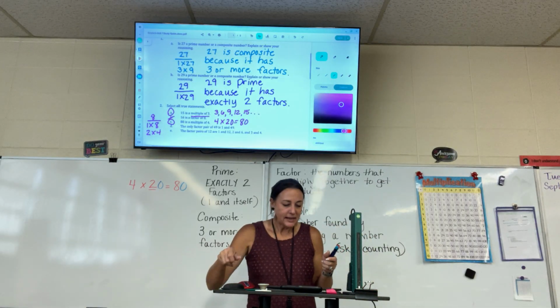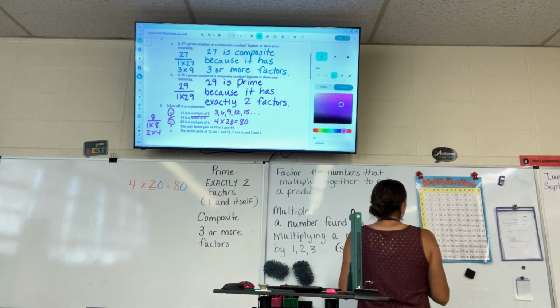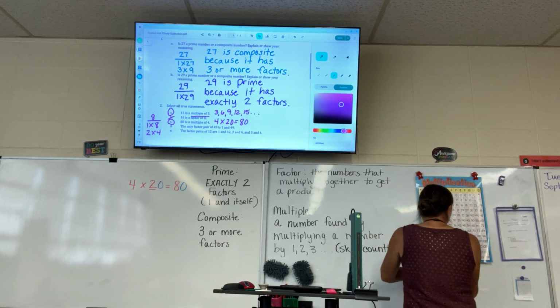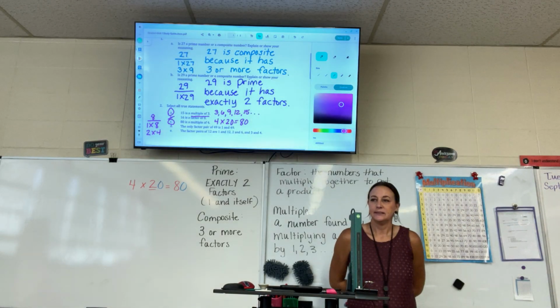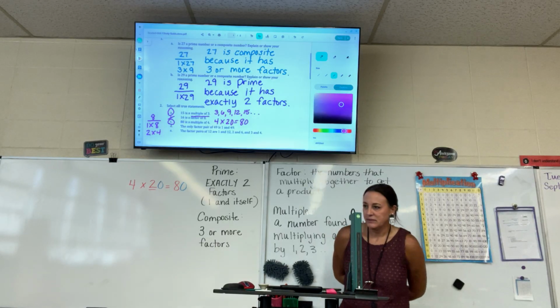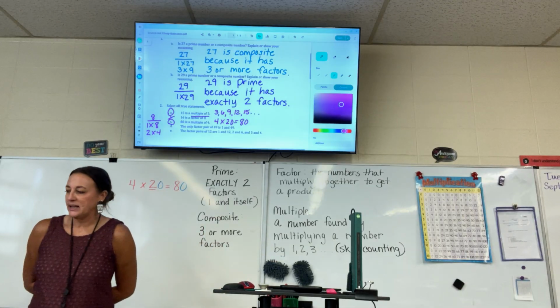All right. The next one says the only factor pair of 49 is 1 and 49. On your multiplication table, do you see another 49 on there? Look at your multiplication table. Are there any other numbers that multiply together to get 49?